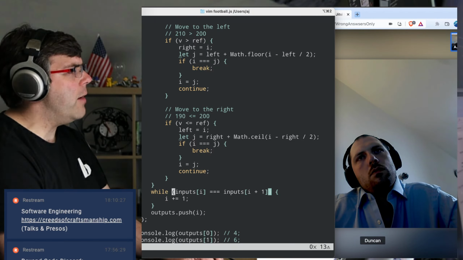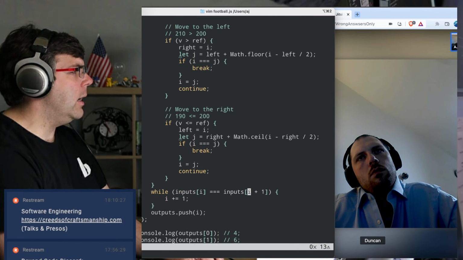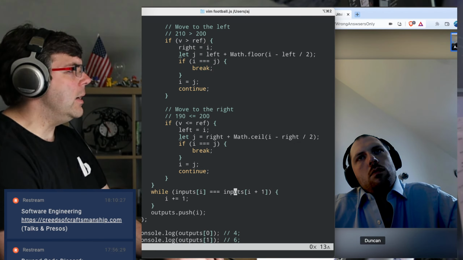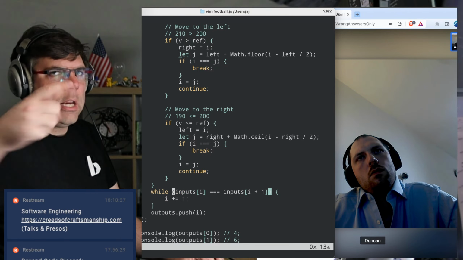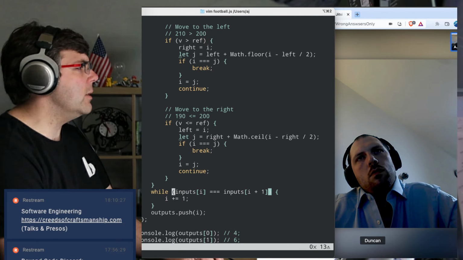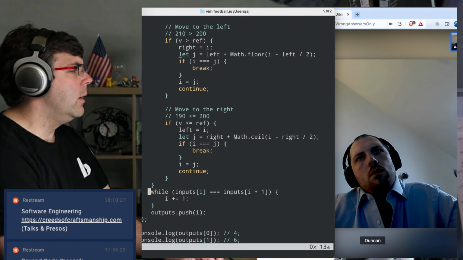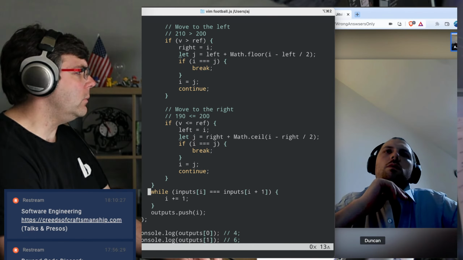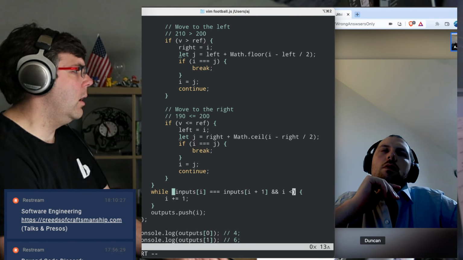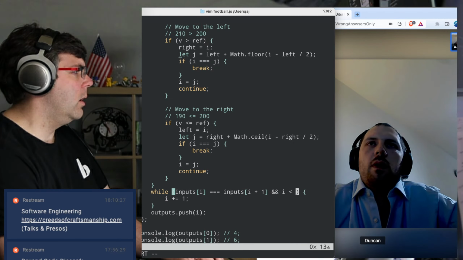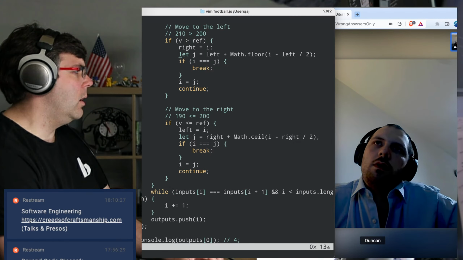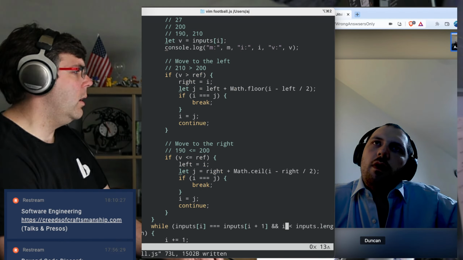This loop is continuing forever because it's getting undefined, and it just keeps on adding. It ends up with the input being undefined, and then it keeps on adding forever and ever because undefined is always equal to undefined. So that's why we got that. Something else is happening to make both inputs I and inputs I plus 1 equal to undefined.